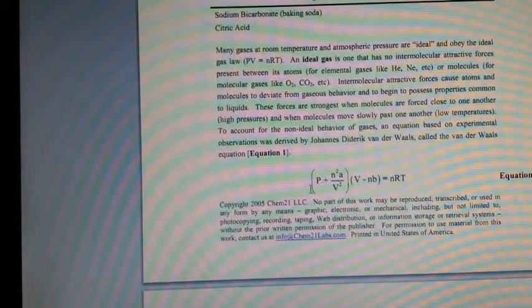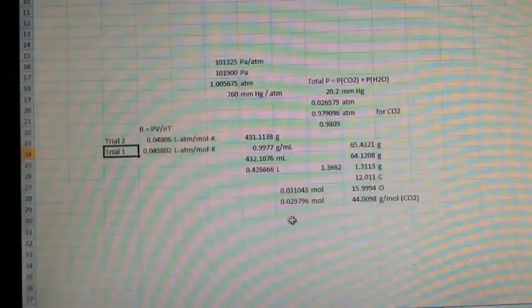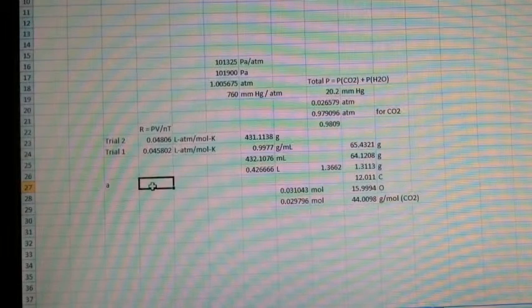In the lab guide also, it gives us the values to use. Here it is, for A and B. They're constants for the given gas, and these are the values that I'm going to use. A is 3.592. So I'm going to put that here.